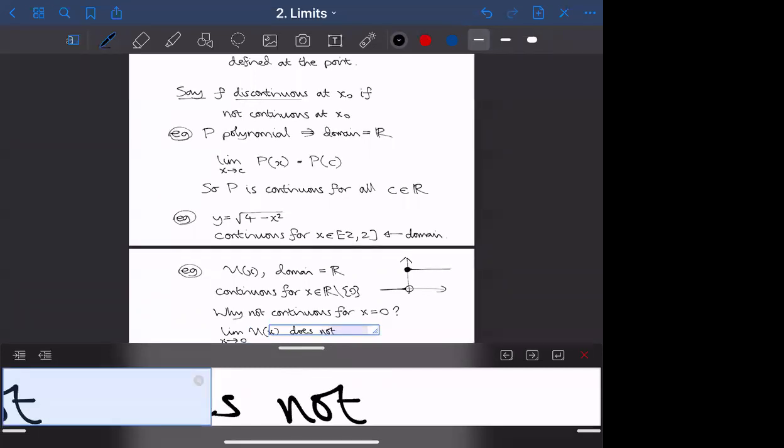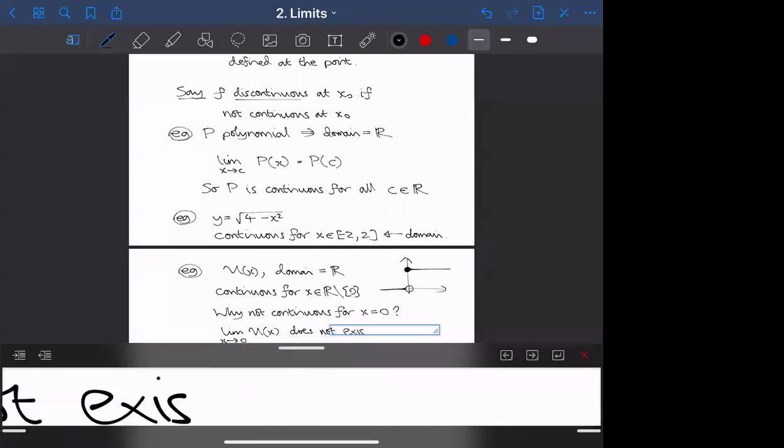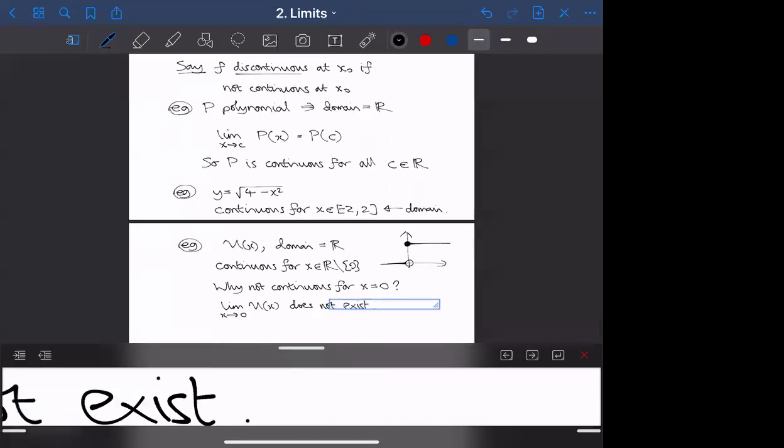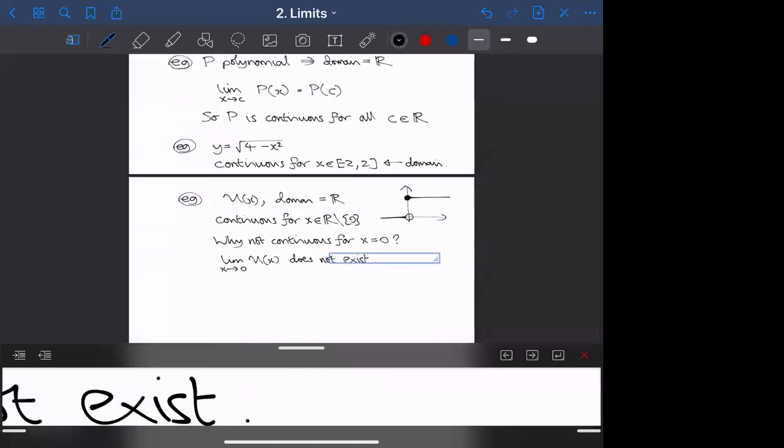So 0 is an interior point of the domain, so we need the function to be defined at that point. It is defined, it equals 1 and 0, but we also need the limit to exist. In this case, the limit does not exist.